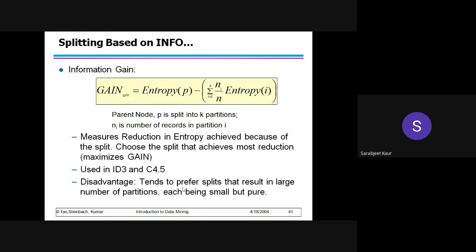But that sometimes results in a very large number of partitions. Each of these partitions is pure, but the number of branches becomes very large. So you can think of it as a very large number of rules that you will get from the decision tree eventually.